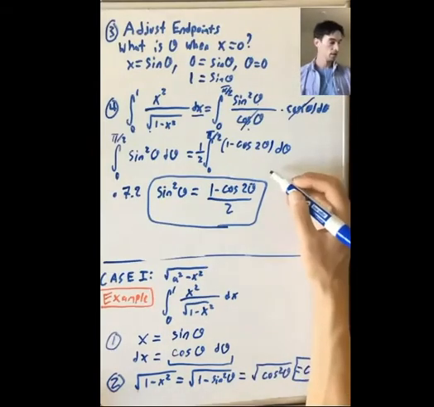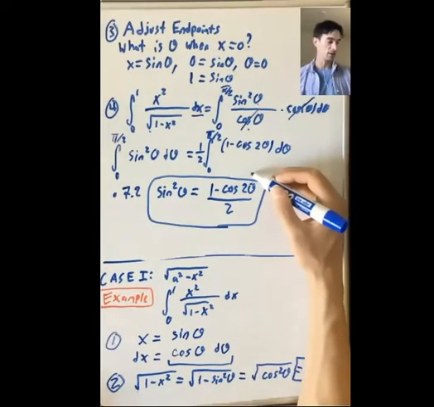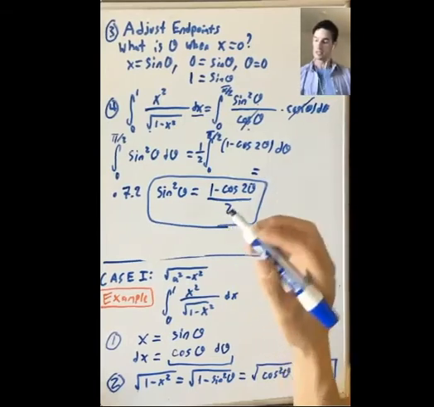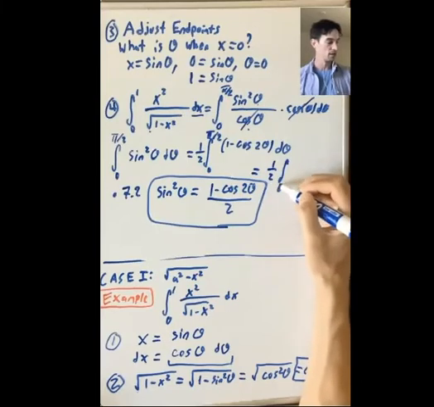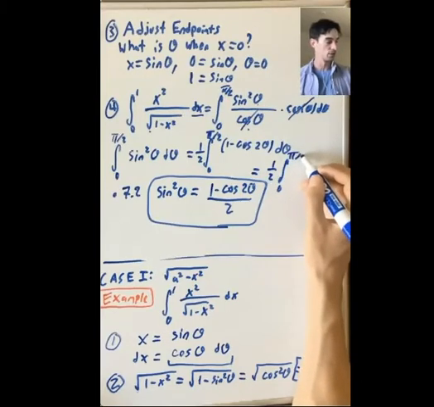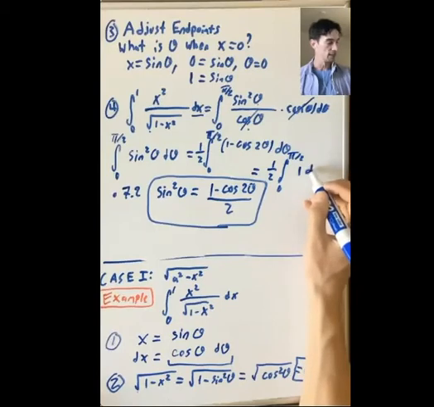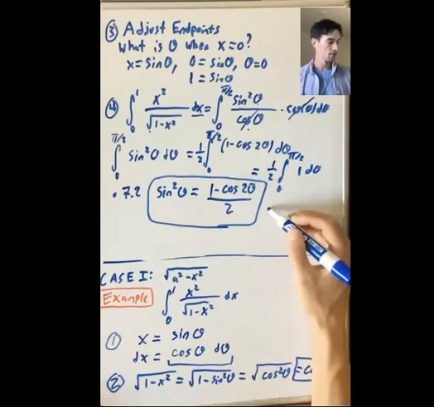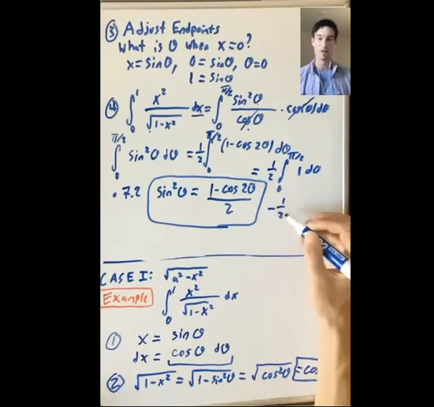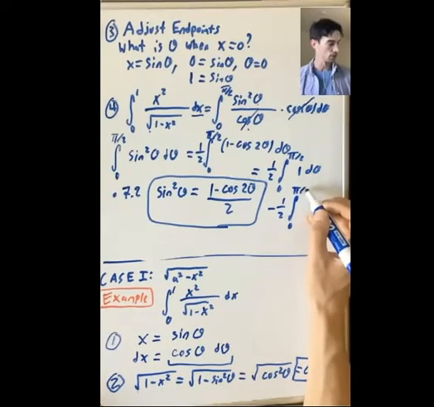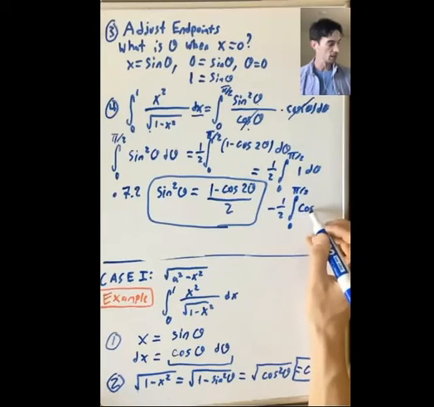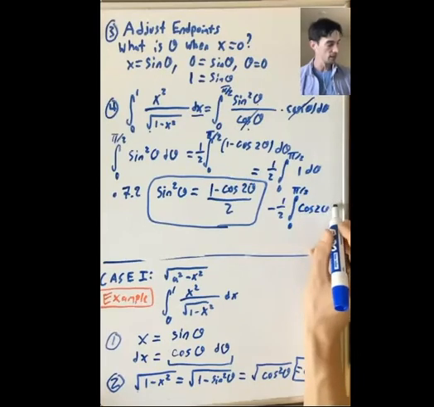And what is an antiderivative here? Let me just rewrite this as 1/2 integral 0 to pi over 2 of 1 d theta minus 1/2 integral 0 to pi over 2 of cosine 2 theta d theta.